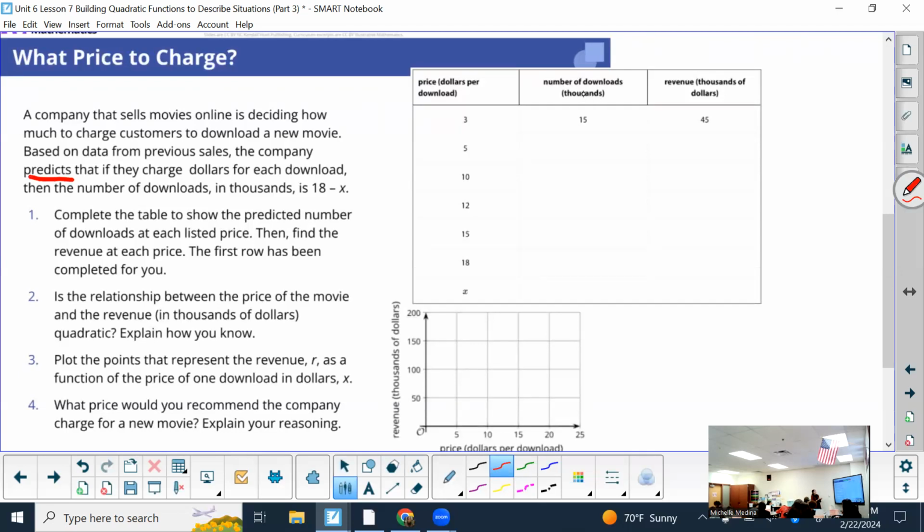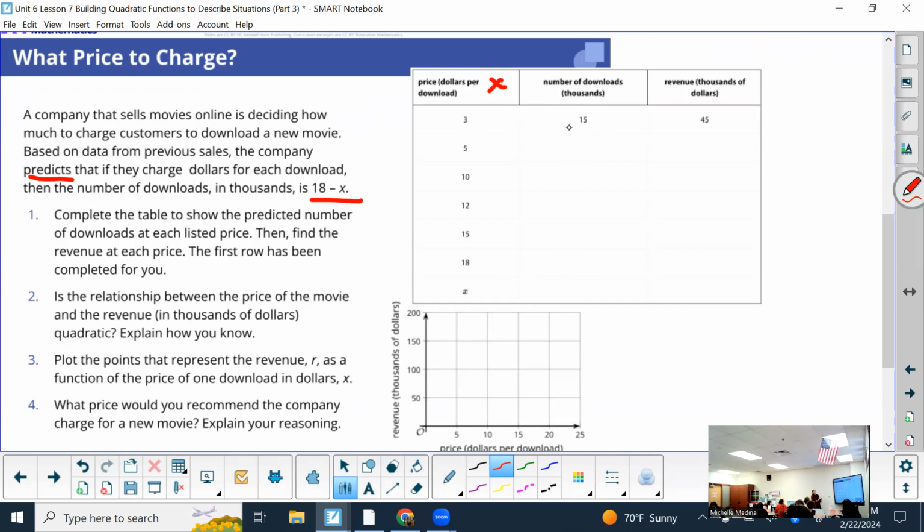So this column is our prediction, it looks like, is going to be 18 minus X. So this would be our X, because 18 minus 3 is what? 15.